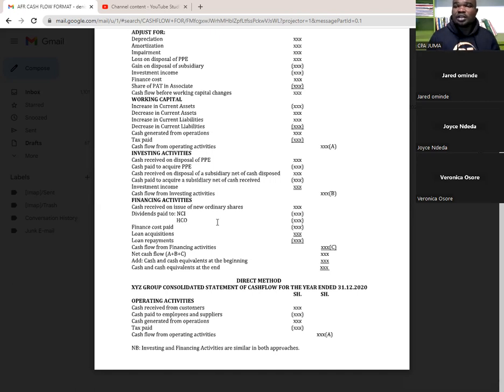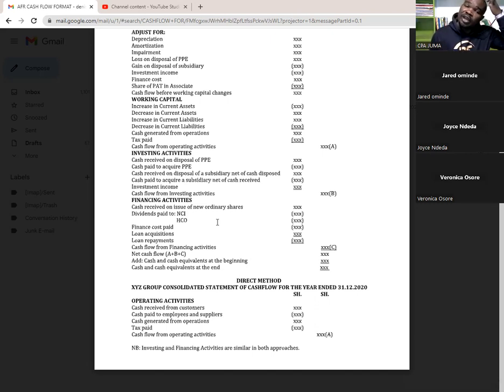Then financing is all about equity, the capital structure of an entity, and loans. So when you are on financing, you check the changes in capital structure, and also the loans. You check cash received on issue of new ordinary shares, dividends paid to non-controlling interest, that is the NCI, and the holding company.